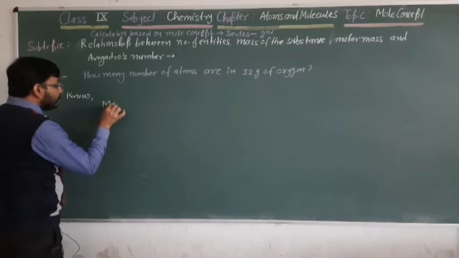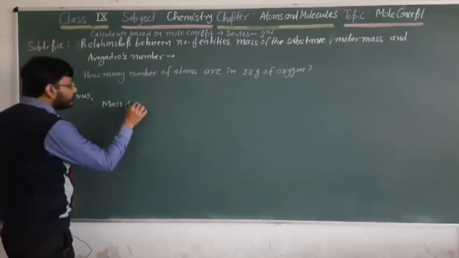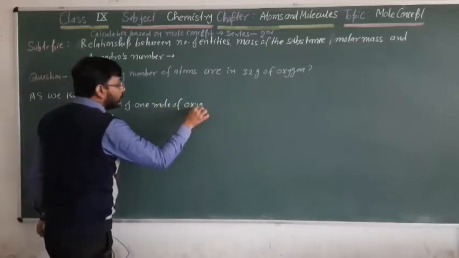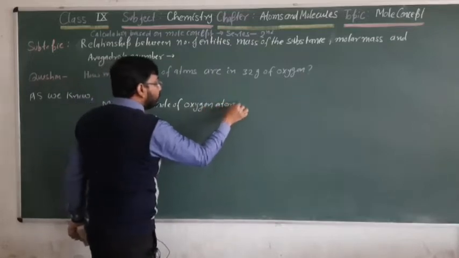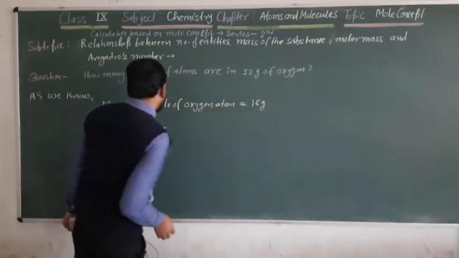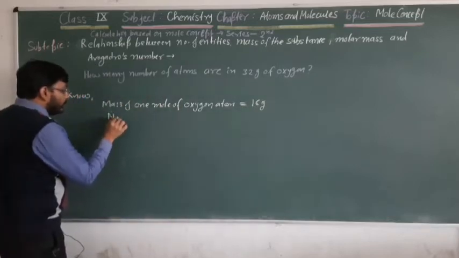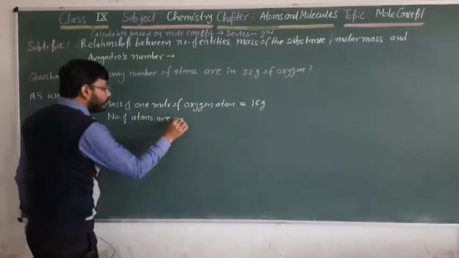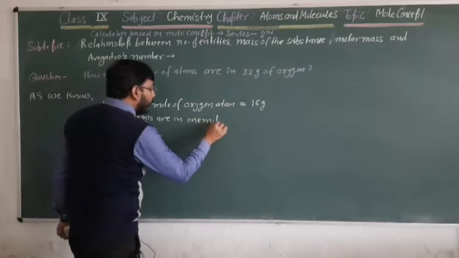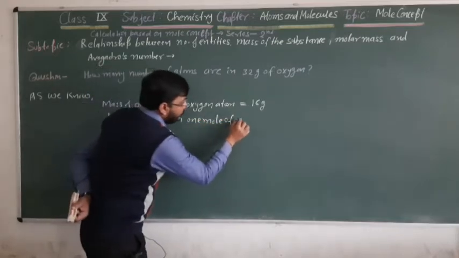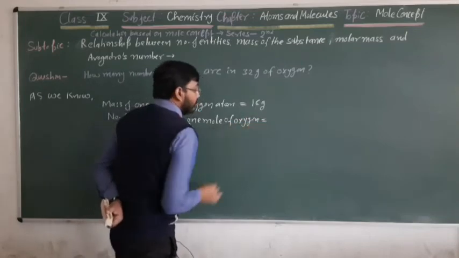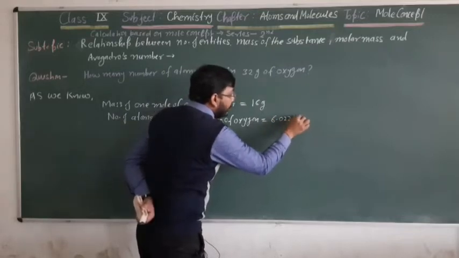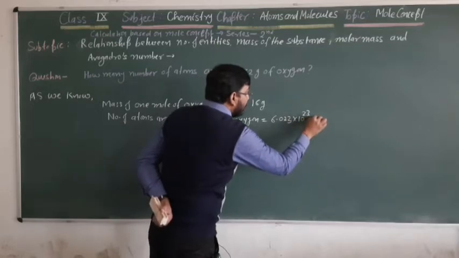As we know, the information we have: the mass of 1 mole of oxygen atom is equal to 16 gram, and the number of atoms in 1 mole of oxygen is equal to the Avogadro number, 6.022 into 10 to the power 23 atoms.